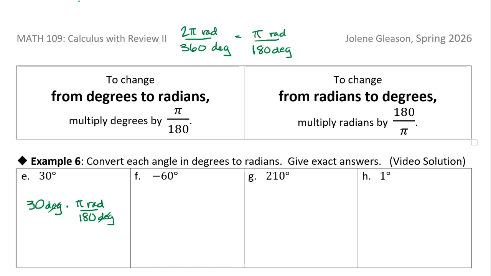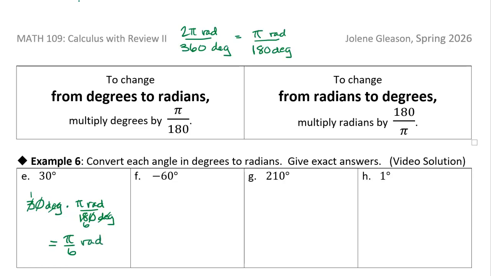Now I can see a factor of 10, because 30 is 3 times 10 and 180 is 18 times 10, so I can cancel. Then I see a factor of 3. I'm going to make this a 1, and I can divide 18 by 3 and get 6. So if I reduce this fraction down, I see that 30 degrees is pi over 6 radians.